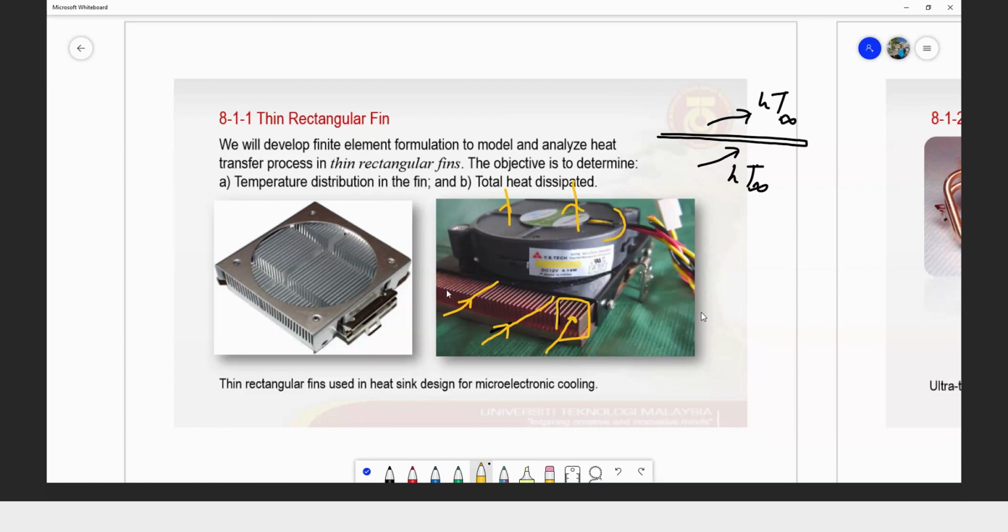Yang ni will have a greater air flow kan. Tapi in our course, we will make this kind of assumption. Both surfaces will experience the same convection process. Alright.